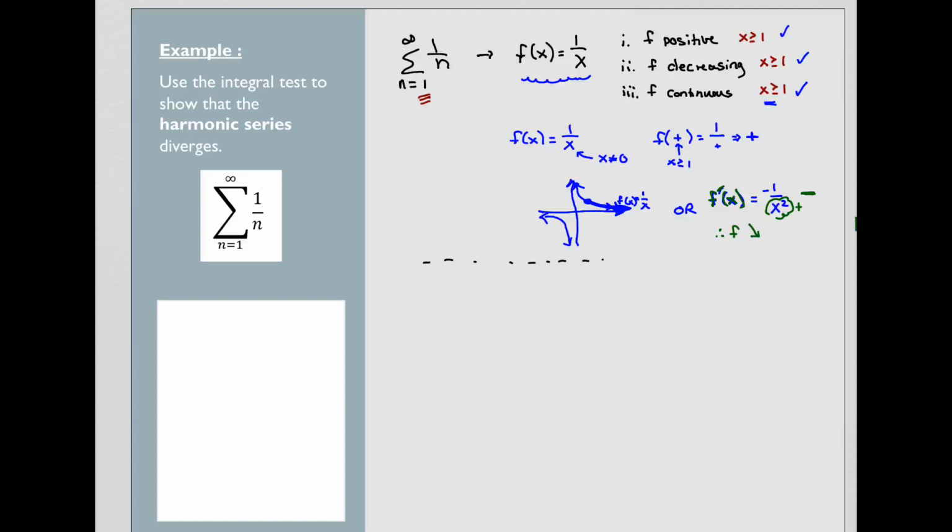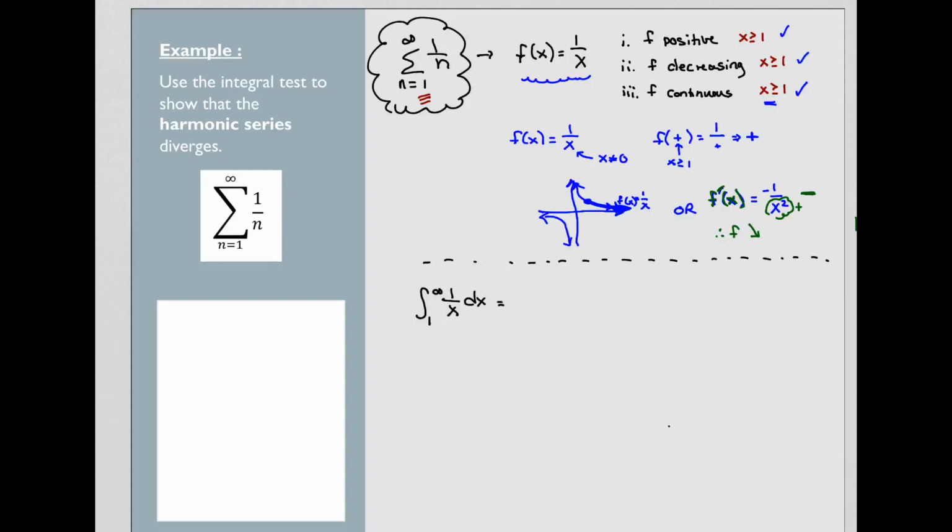All right, now that our conditions are satisfied, now we actually get to do the integral test. And I often find that this is the hardest part, checking those conditions. Now we simply look at the integral test, which says that our series will do whatever the corresponding integral will do. So let's look at the integral from 1 to infinity of our corresponding function 1 over x dx.